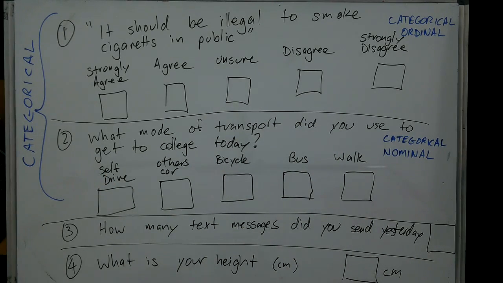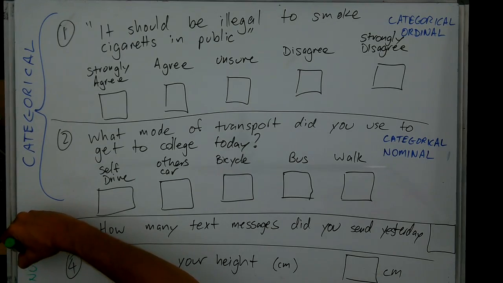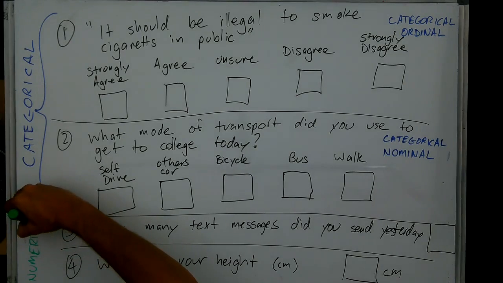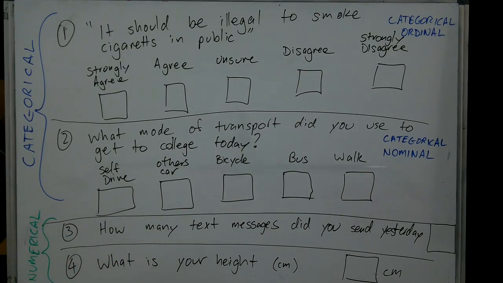Okay, if the top 2 questions are categorical, we can guess that these are numerical. I hope that comes up. And so we've got one of each. Looking at question 3, how many text messages did you send yesterday?